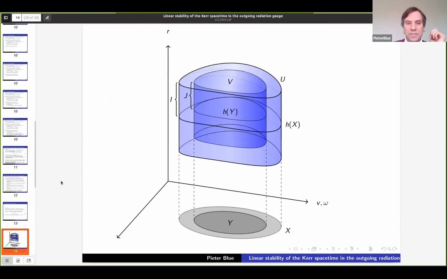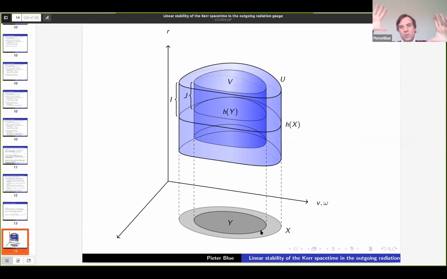To try and make that a bit simpler, I've drawn the picture that's going to come up here. We have the R coordinate vertically, the Eddington-Finkelstein coordinate V, and the angular coordinates omega. We're going to assume that we have an initial hypersurface H of Y, which is the H of X, which is the graph over some set in the V, omega parameters. So R on that initial hypersurface is given as a function of V and omega, and then you can go some distance further forward in R and backwards in R, and that gives you a slab.